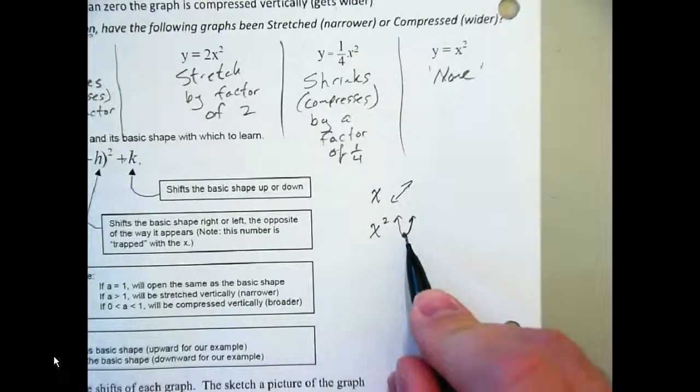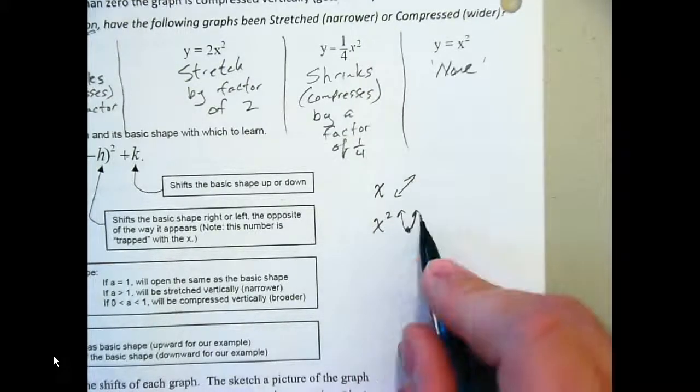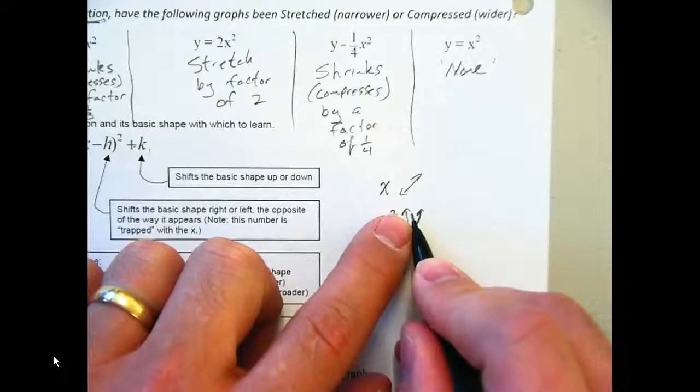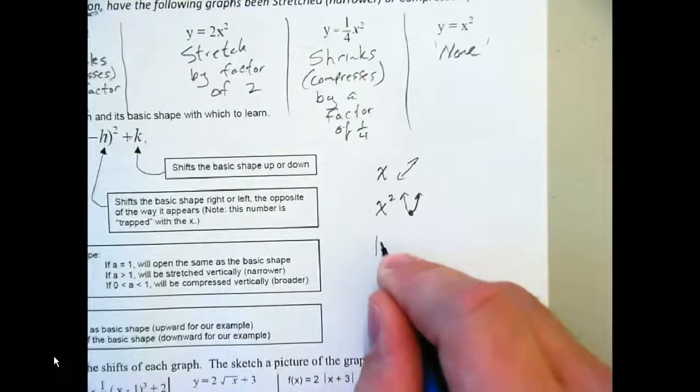So when we say it goes over 3 and up 2, that's the point that you want to move over 3 and up 2. Okay? When it says it gets narrower, you want to make these branches get closer together, or wider, further apart. Okay? What's this one look like?